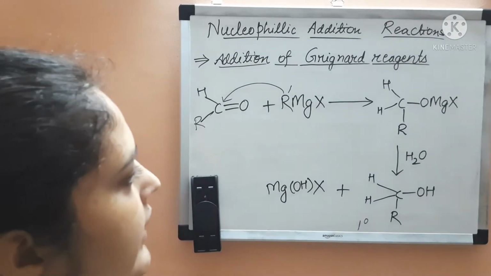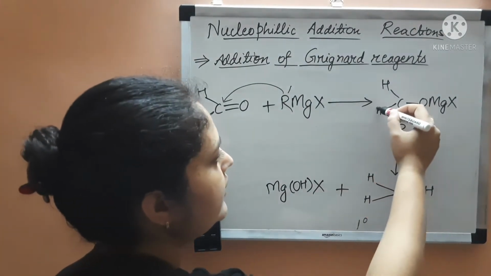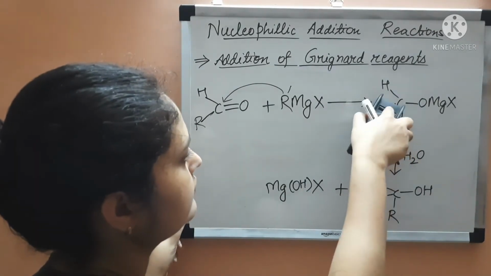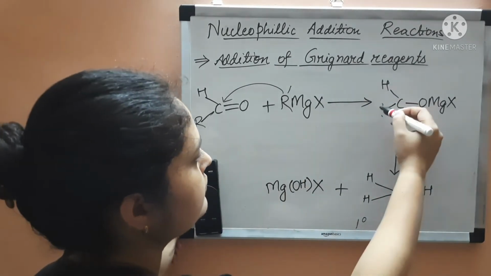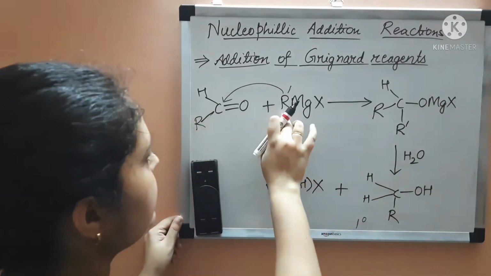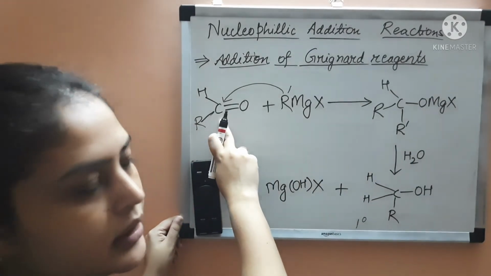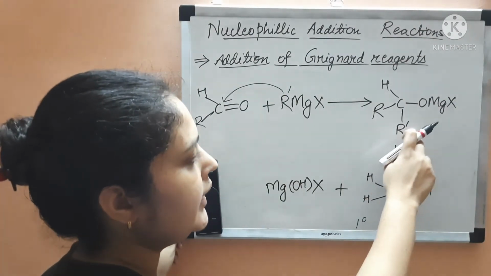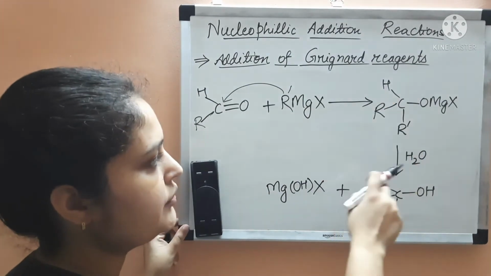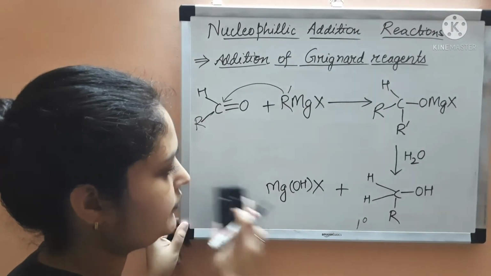So now what will happen is that here R' will come, because this R' is attached to the carbonyl carbon, and here MgX is attached, and after hydrolysis you will get what?